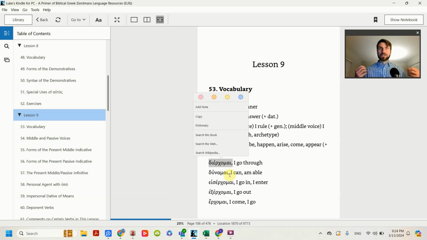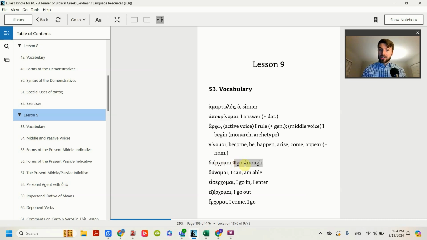I'm stumbling on deponent because this is a critiqued category today. It probably doesn't actually exist. And there's still debates over what exactly we do with deponent. But the idea is still true, that there are these words where the lexical form is middle rather than active. It doesn't have an active form.